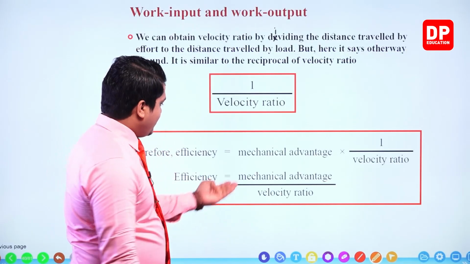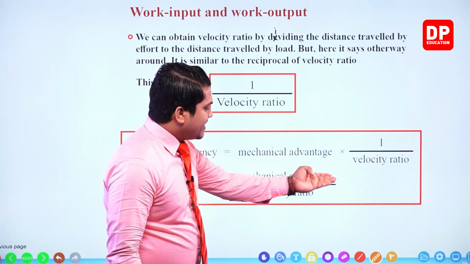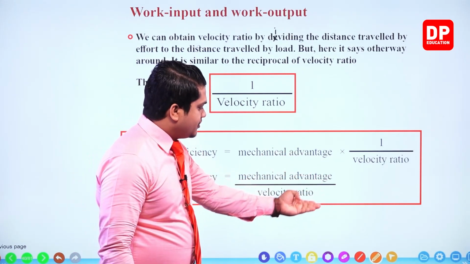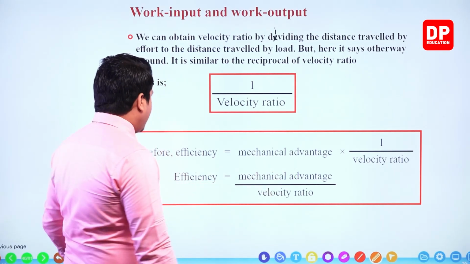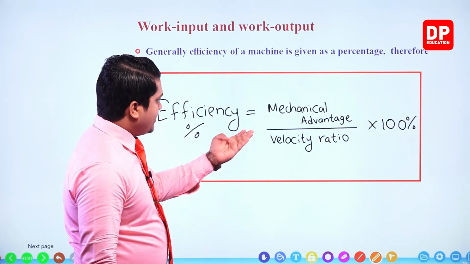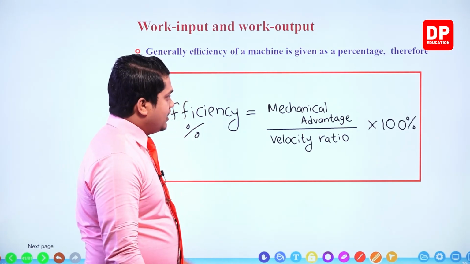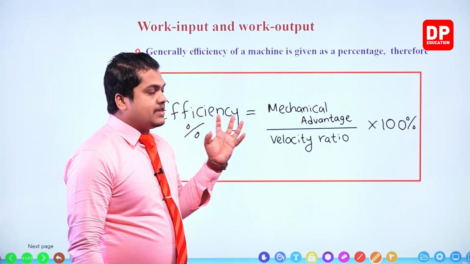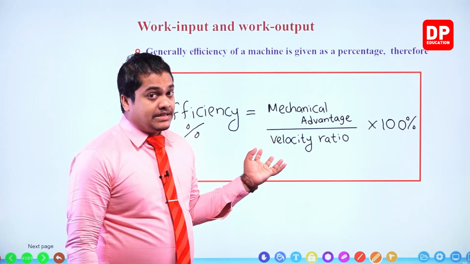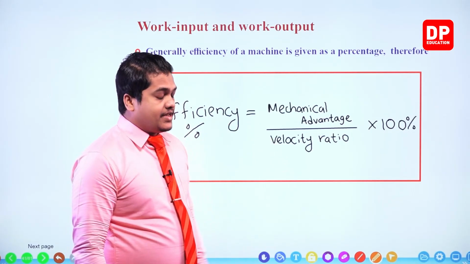You take the previous one, mechanical advantage divided by the velocity ratio, and my dear children, you multiply it by 100 to find the efficiency percentage.